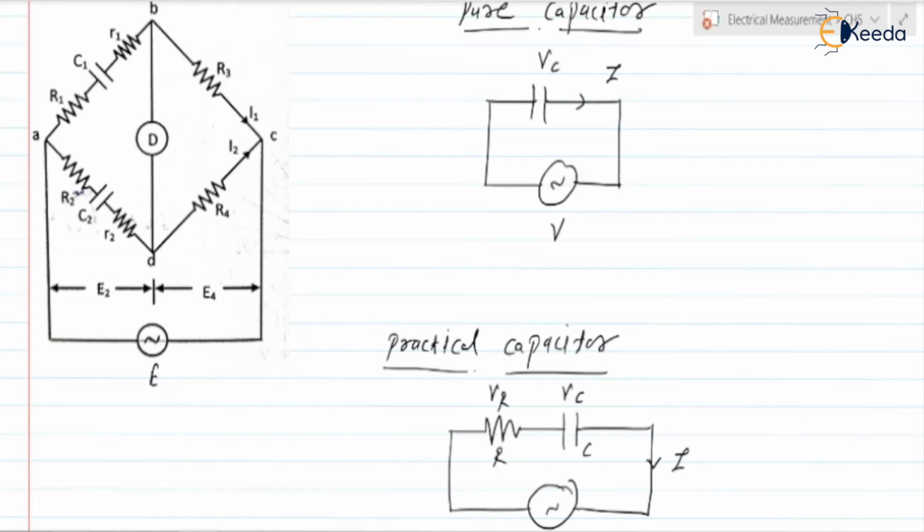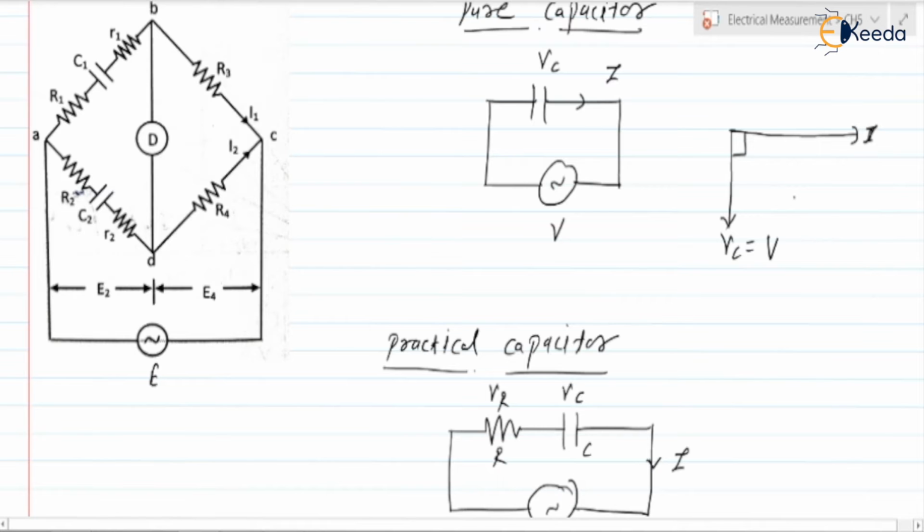Now if you check both the cases, here the internal resistance is present, here the internal resistance is absent. So if you draw the phasor diagram, suppose this is the phasor for I. The phasor for Vc, Vc is equal to V, and it will be lagging I by 90 degrees.